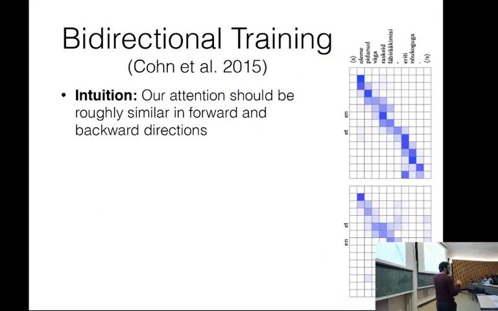Finally, in the same paper, here's another intuition. When we train an English to French system, we get a bunch of weights for a sentence. Now, what if we had a French to English system, and we get those weights, and naturally we would want them to match, okay?